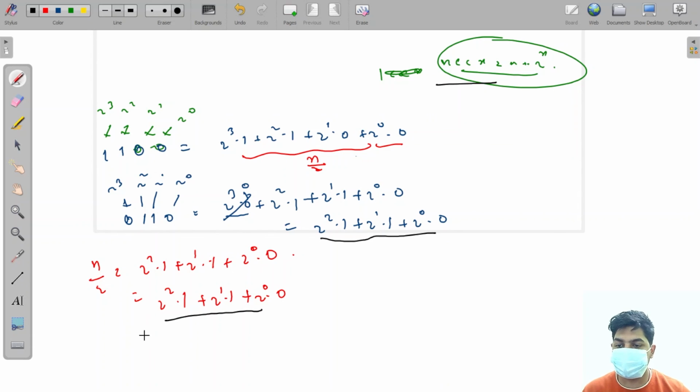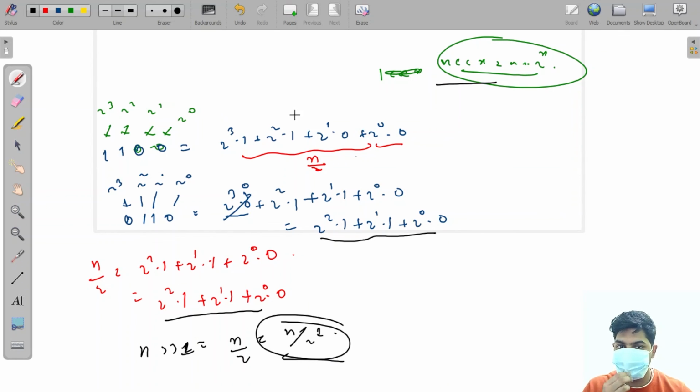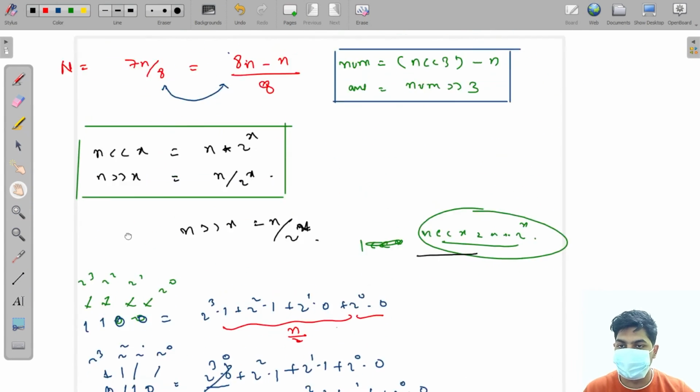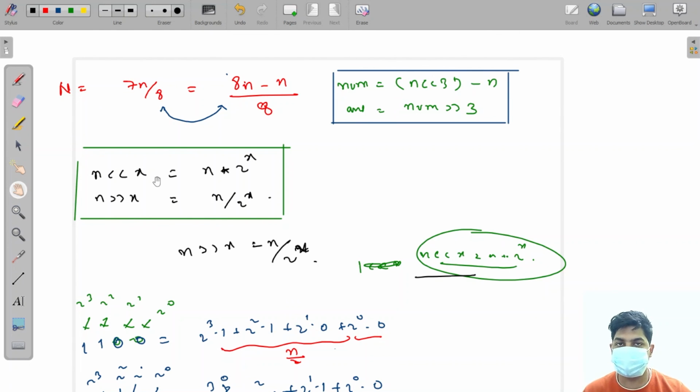So what is happening is, if you perform right shift by 1, it is equal to n divided by 2, that is n divided by 2 raised to power 1. So this is why right shift operation is equal to dividing by 2 raised to power x. Okay, so this was for how it is actually working. Hope that you guys are clear why this formula is working, how it is internally working. Now let's try to code this problem.